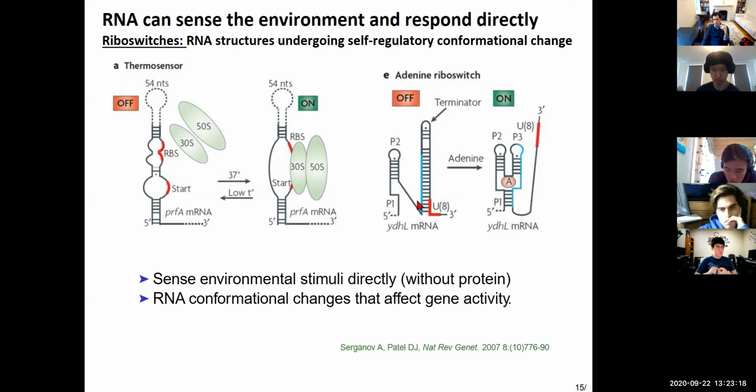So here, the start codon is hidden. There's a terminator there. You can't translate through this because you're in the off state. And then as soon as you sense a particular molecule, that molecule can switch the conformational state of this RNA and expose the translation start. And then you can launch RNA translation without any other factors intervening.